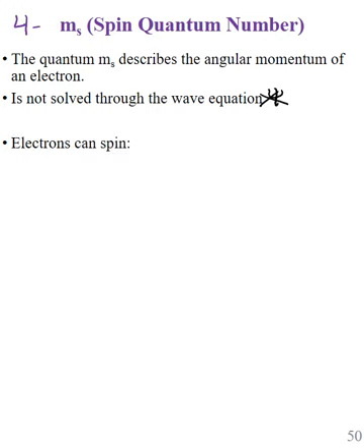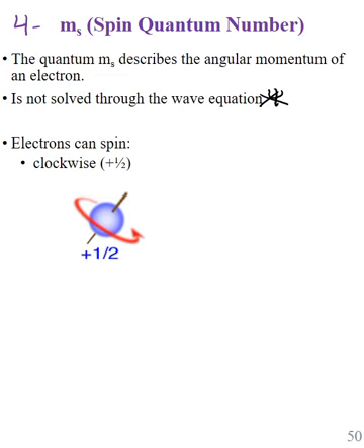Electrons can spin in 2 ways. One of those ways is clockwise. So clockwise we denote it as +1/2. Okay, now we denote electrons as these half arrows. So I can say if electrons are going clockwise, I can put it in the up direction. What would be the opposite of clockwise?